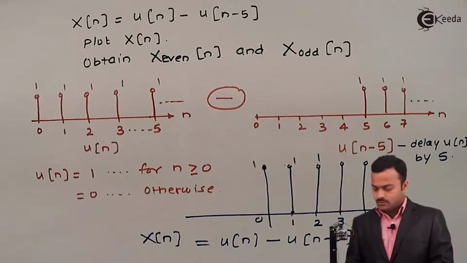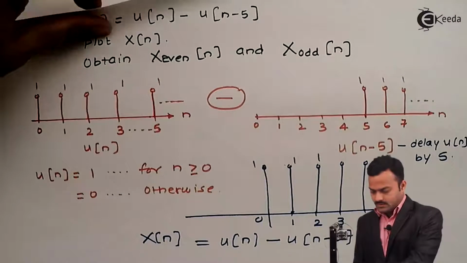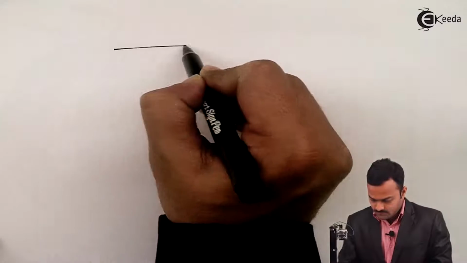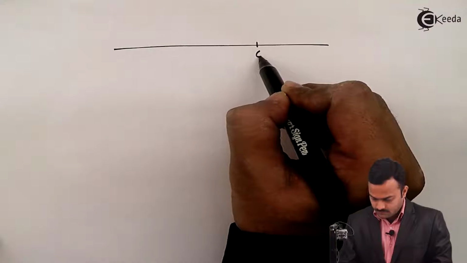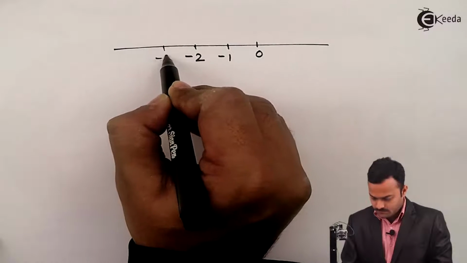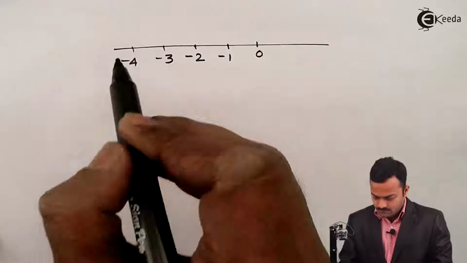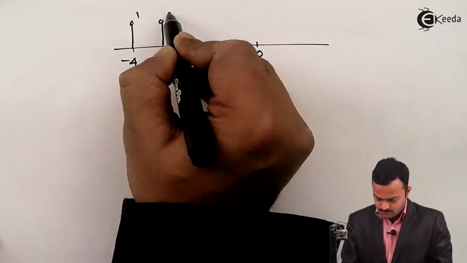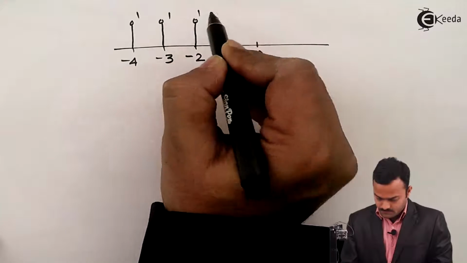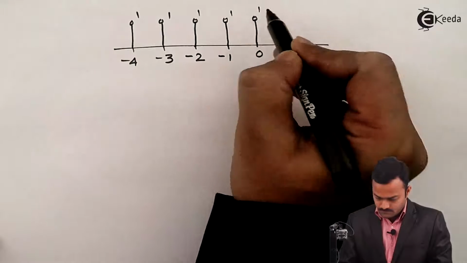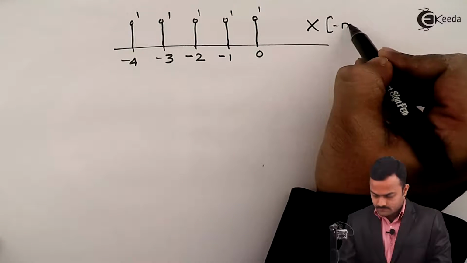So now for this signal, we need to obtain even and odd part. For that purpose, we need to do a time reversal of this signal, which is x of minus n. So it will be like this, which is x of minus n.